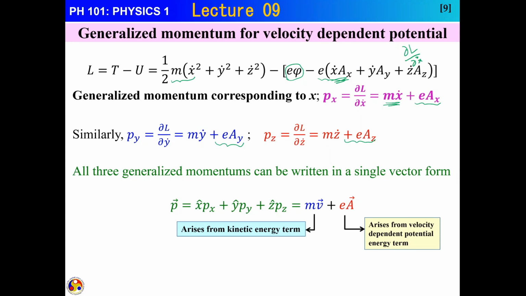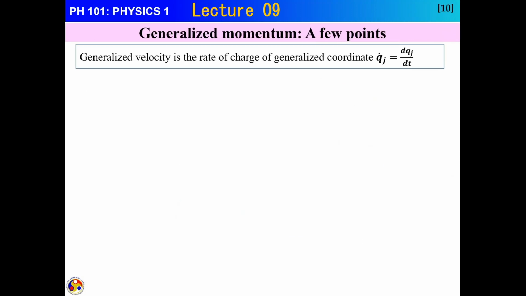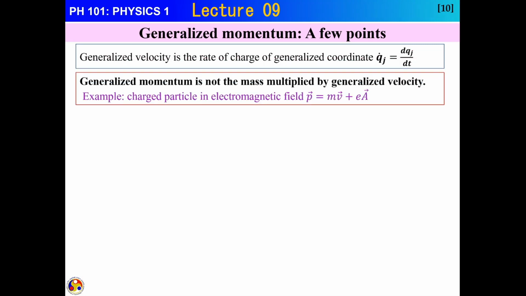So this says that if you want to define a generalized momentum, taking the generalized velocity as the rate of change of a generalized coordinate, dq by dt, you cannot simply multiply by mass to get a generalized momentum.